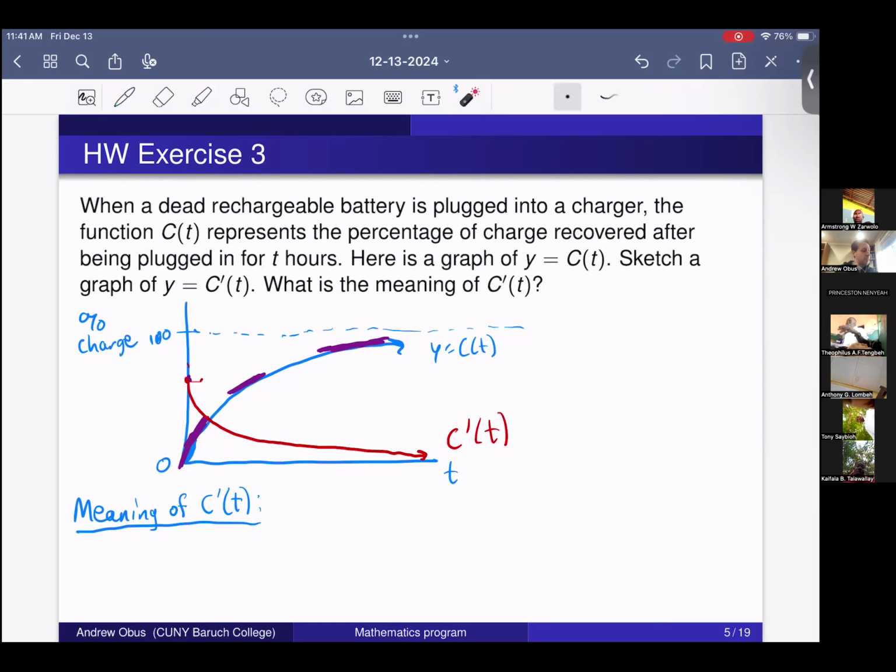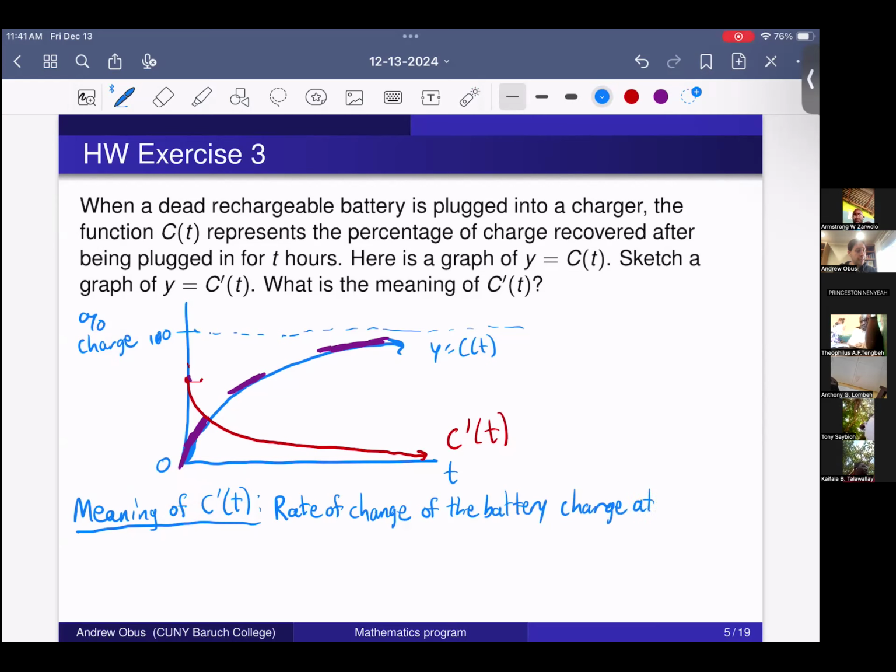So C prime of t is a function. You plug in some time and you get some number. What does that number mean? The meaning of C prime of t is the rate of change of the battery charge at time t. And we have to say what this is measured in.